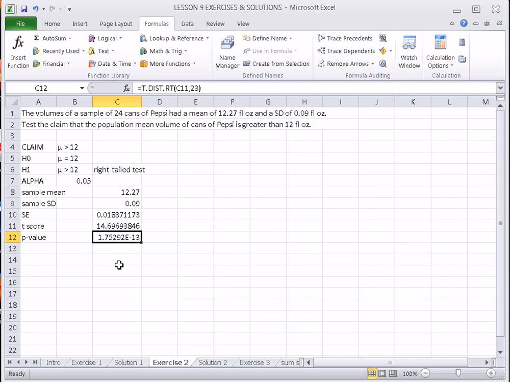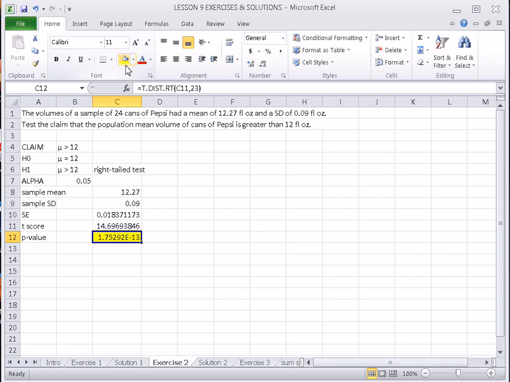Now notice this output here, this p-value. The p-value is actually the most important part of doing any test. You see 1.7, but you remember p-values are probabilities, which can never be greater than 1. So this is not 1.7. If you look all the way to the end here, you see there's an E, which tells you this is in scientific notation.